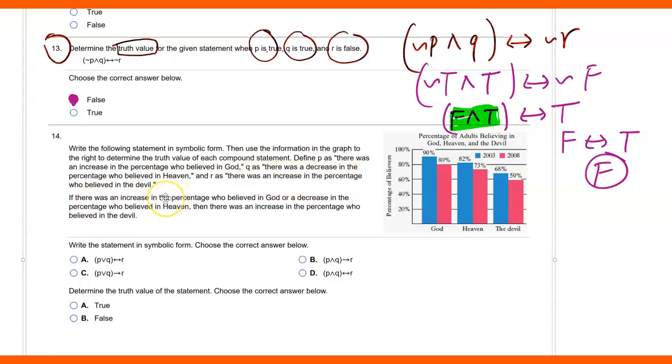Okay, therefore the question here is, if there was an increase in percentage who believe in God, or, watch here, there is an if sentence.